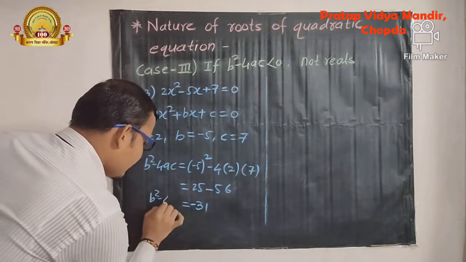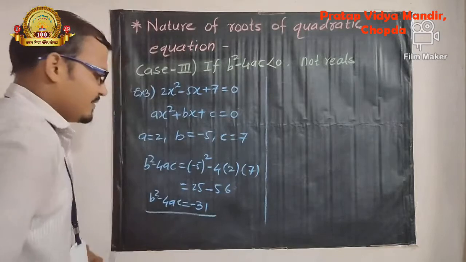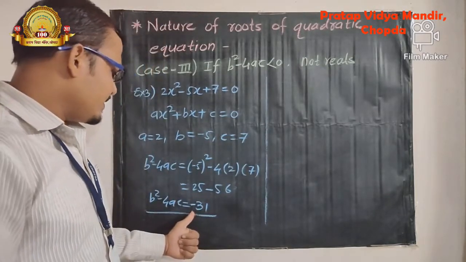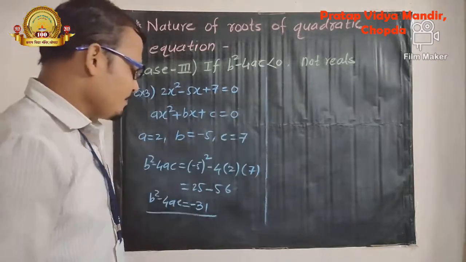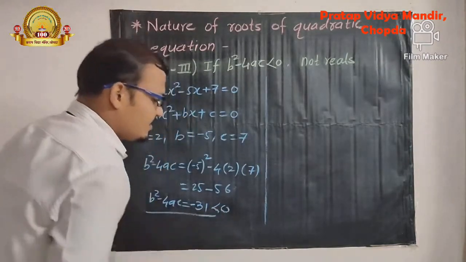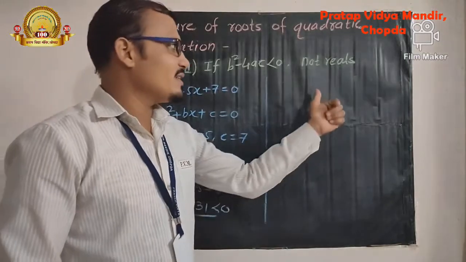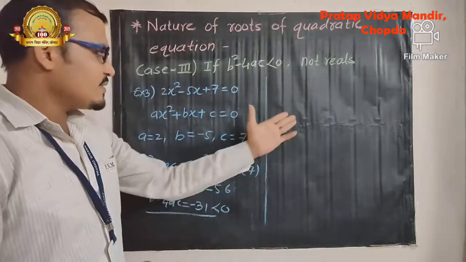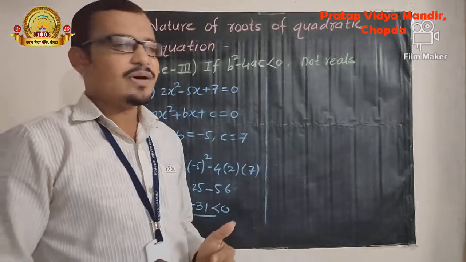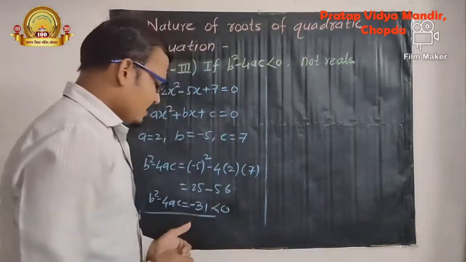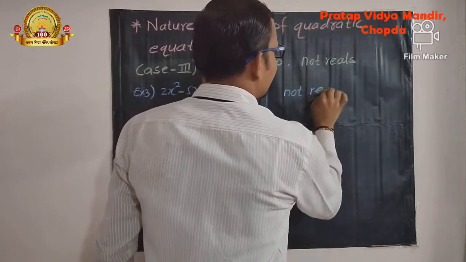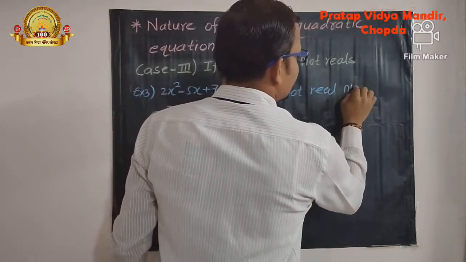So b² - 4ac is -31. Friends, here the value of b² - 4ac is -31, which is less than 0. So the roots of the equation are not real, and here we need not find the solutions of the quadratic equation, because clearly these roots are not real numbers.